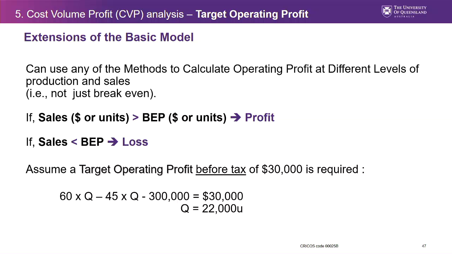This is your sales price by quantity, less your variable cost by quantity, less your fixed costs, which gives you this much before-tax profit. So the quantity we have to sell to get $30,000 in before-tax profit is 22,000 units. Is that all good? If we're using the contribution margin method, all we do is take the fixed costs, add on the profit before tax and divide by the contribution margin.